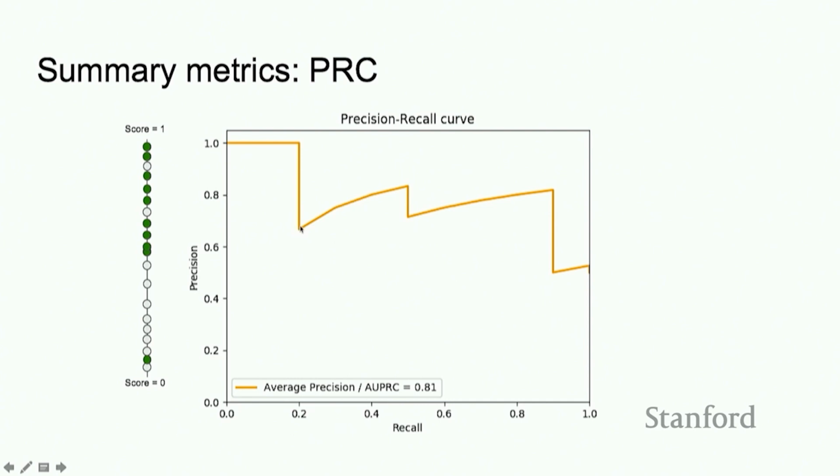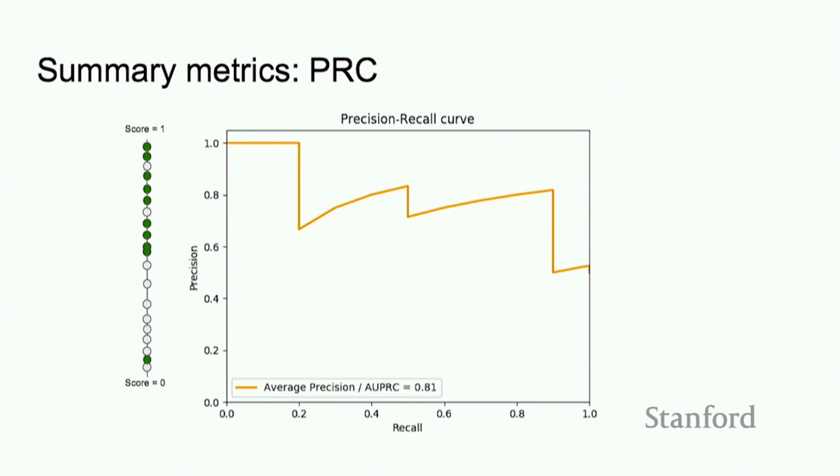But once we are here, let's say we start encountering positive examples again. Then we go from 2 out of 3 to 3 out of 4 to 4 out of 5. So this is a gradual increase as we encounter more positive examples.